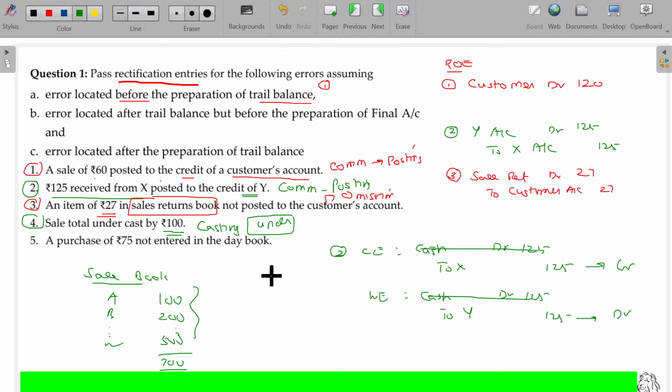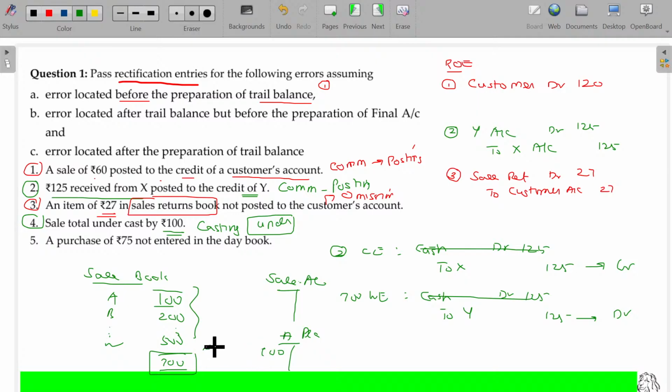While preparing the sales account and customers' accounts, what happens here? In the sales account, this total will go to the credit side. And in A's account, this will go here. Am I right? This is the logic. A account, B account, C account.